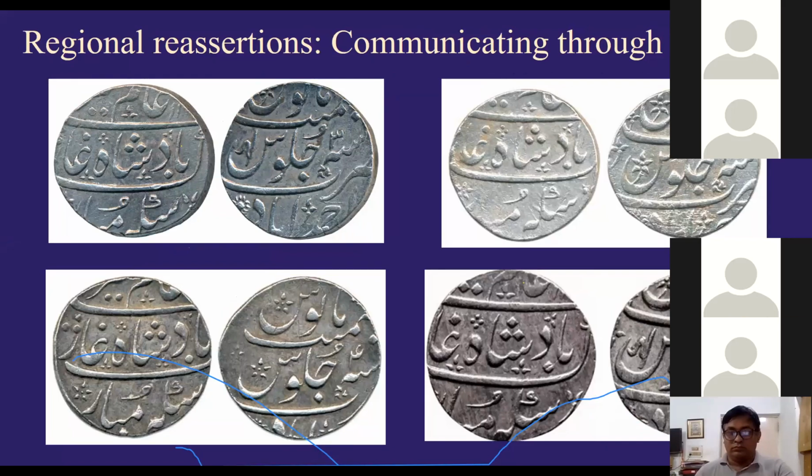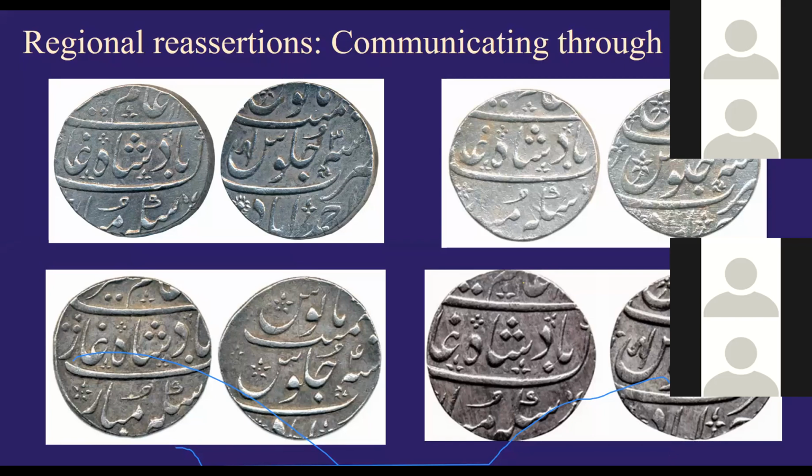A classic example of this is an episode which happens in Ahmedabad, and you can see that the symbols change very interestingly with regard to the change in political authority. We see that the city of Ahmedabad was under the rule of the Marathas in the reign of the Mughal Emperor Alamgir II.